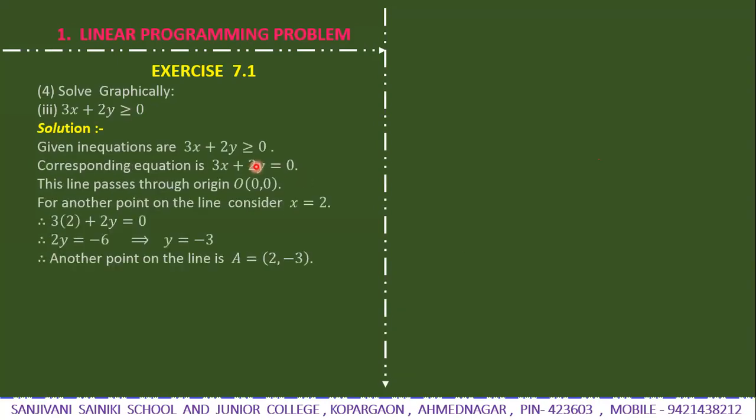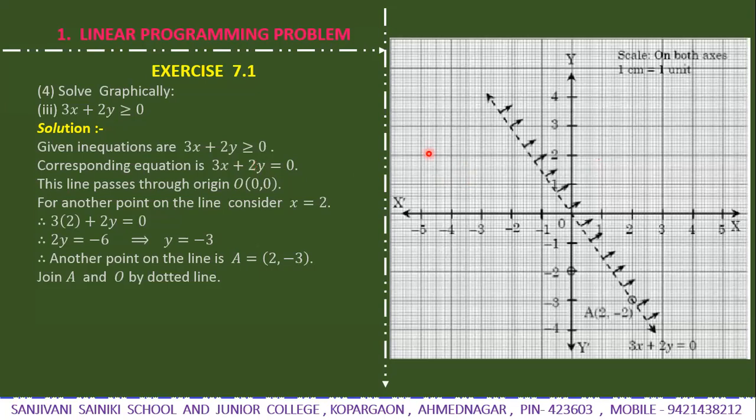Similarly, this third one, the line passing through the origin. Here, this dotted line is given. Why is this dotted line given?